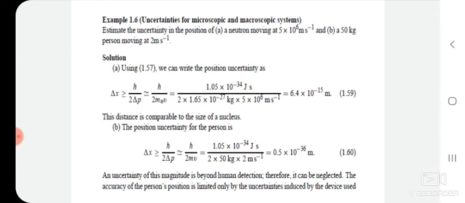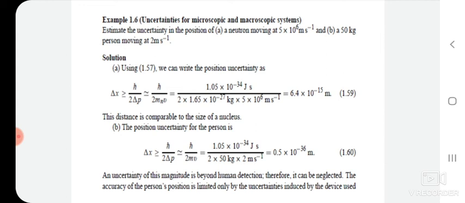Similarly, the uncertainty in position of the person can be found by delta x greater than or equal to h cross by 2 delta p, which is equal to h cross by 2 m v. If we substitute the values, it gives 1.05 into 10 to the power minus 34 joule second divided by 2 into 50 kg into 2 meter per second, which is equal to 0.5 into 10 to the power of minus 36 meter.